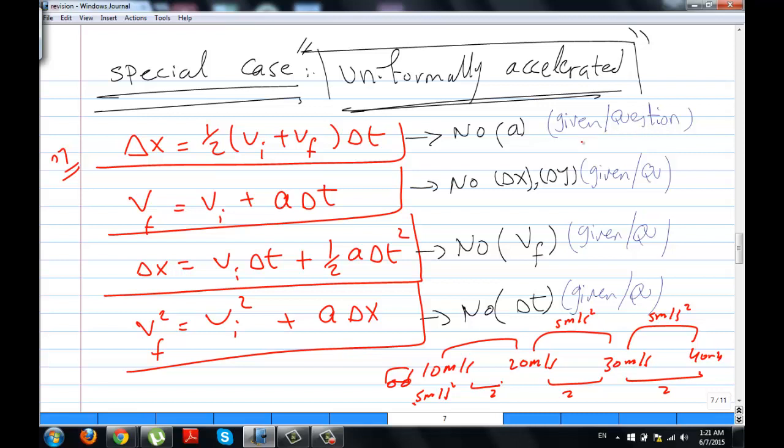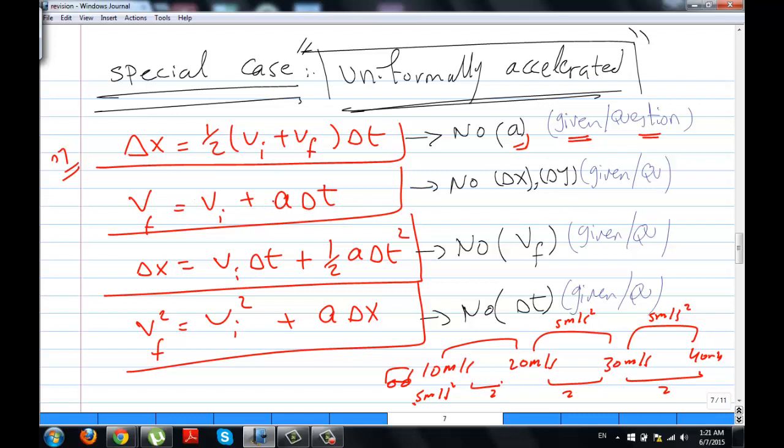So if the givens and the question don't include acceleration, you need to use this. So if the acceleration is not mentioned by any means in the problem, in the givens or in the question, you need to use the first one. Here, if the displacement is not mentioned by any means in the givens or the question, you need to use this one, because as you can see, it doesn't have any displacement.